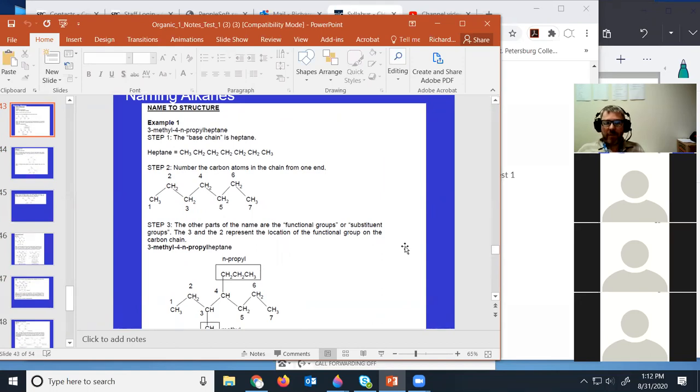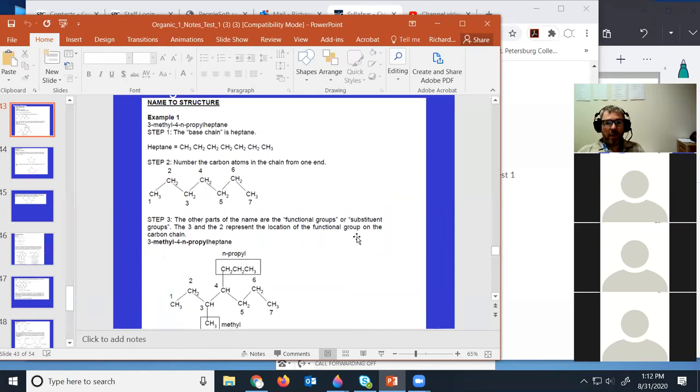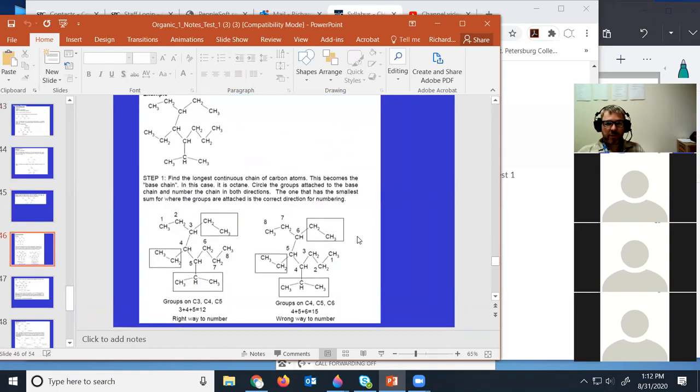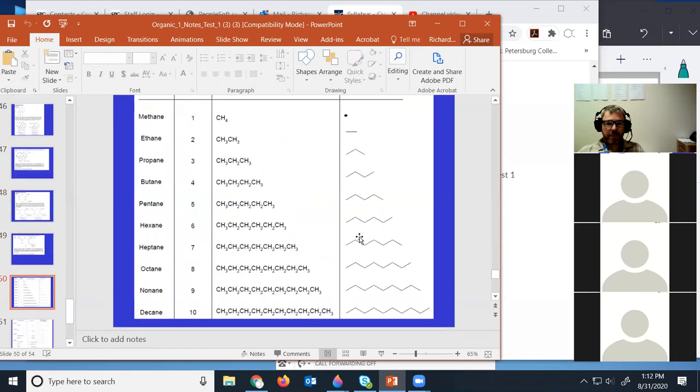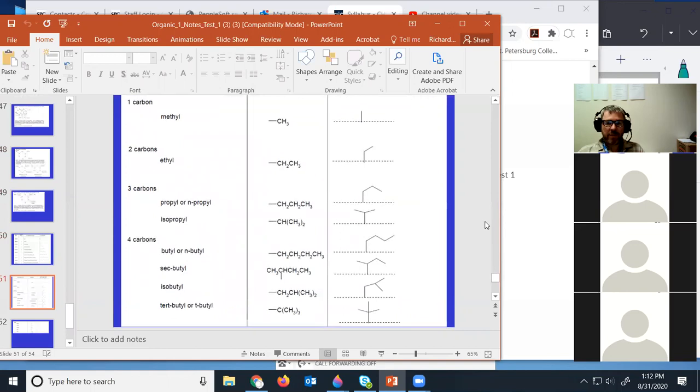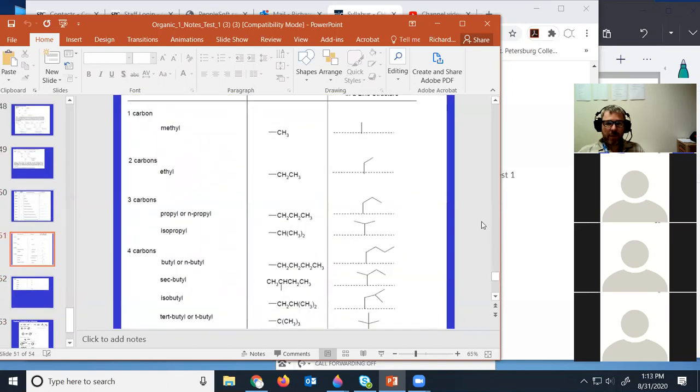Okay, the next part of it are the substituent groups, and those are the methyl and in this case the N-propyl groups. Now that I do actually give you a sheet for on the test. These are called substituents or side chains, and you get this on the test. There's both of these pages here.